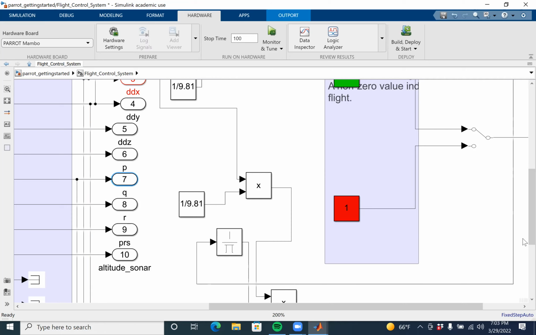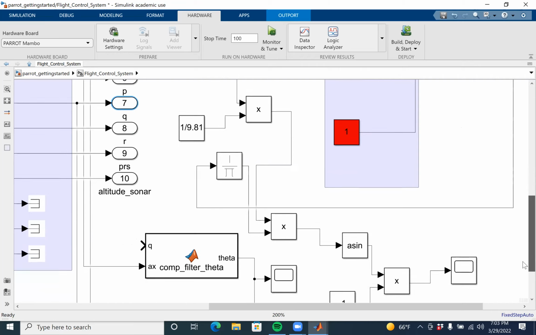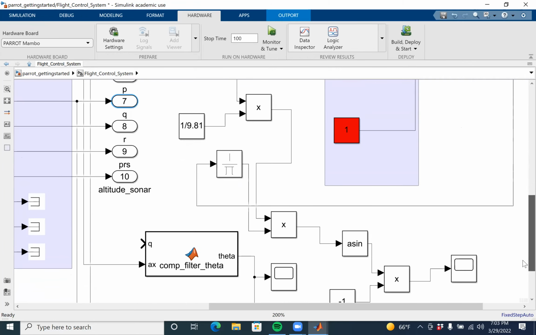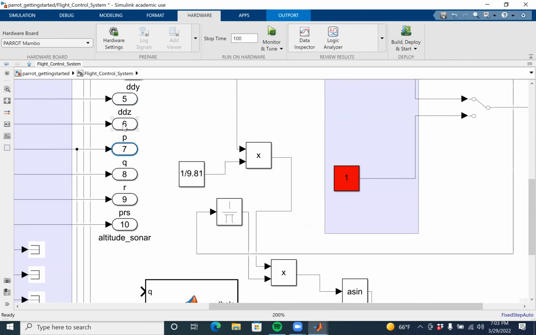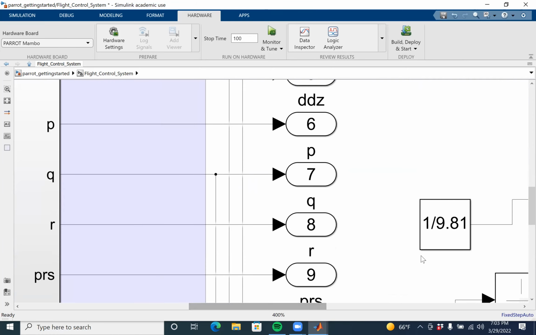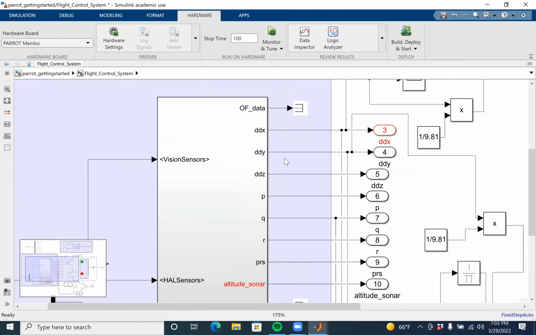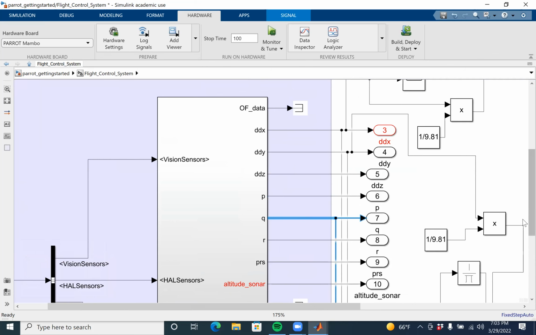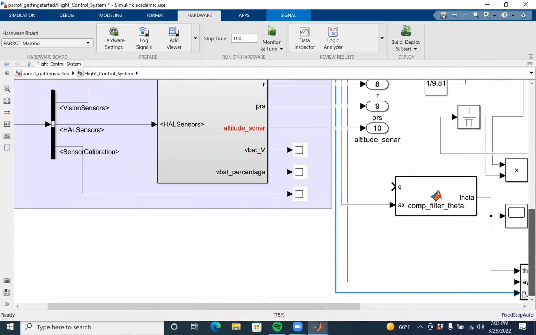Out 6 is P. This is P. This is Q. So, okay.